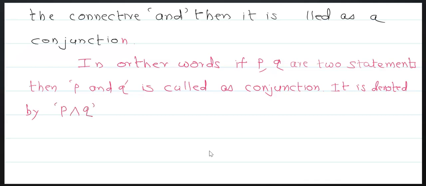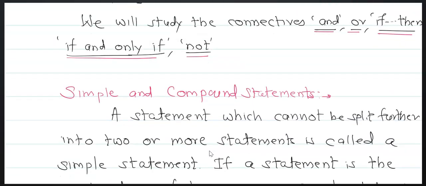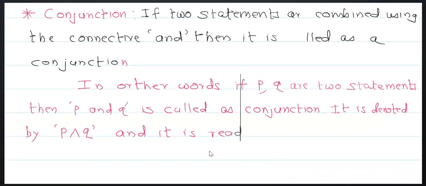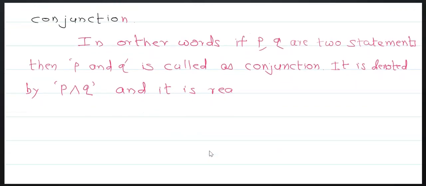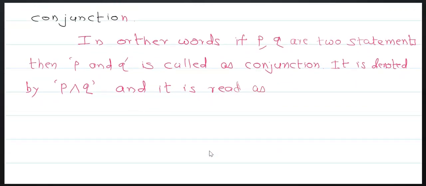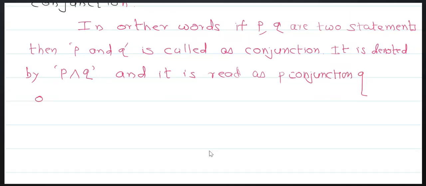It is denoted by P ∧ Q. That sign is called AND. It is read as P conjunction Q or P and Q.